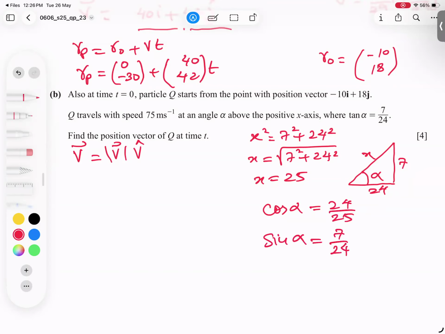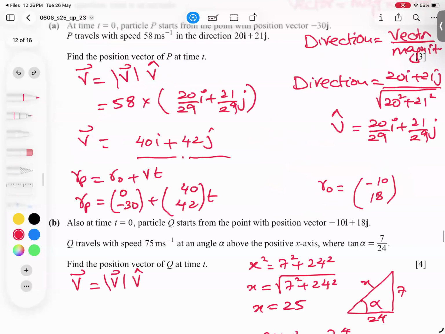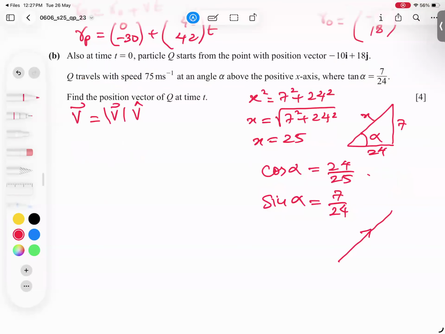Now, if we talk about directions, okay, we got it. This is directions confirmed. And this is the I component, this is the J component. How come? You can see that, for example, this is a velocity and the magnitude 75 it has. And this is alpha. How to get this x component?